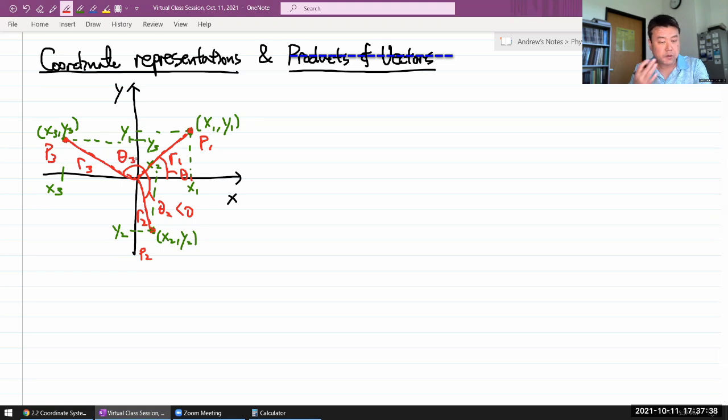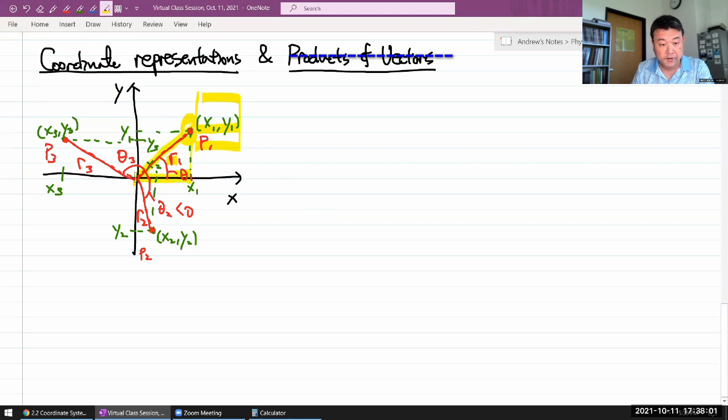And you might remember the relationship between these two ways of representing your point in space. So if you are starting out with your component description, then my distance you can get from the Pythagorean theorem.